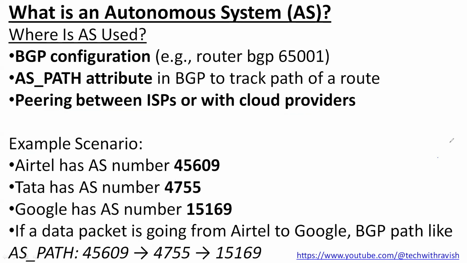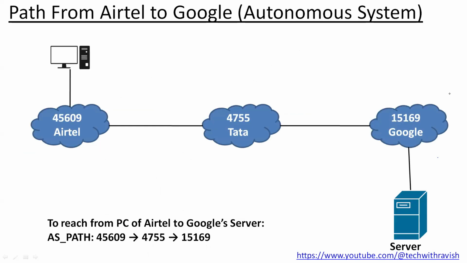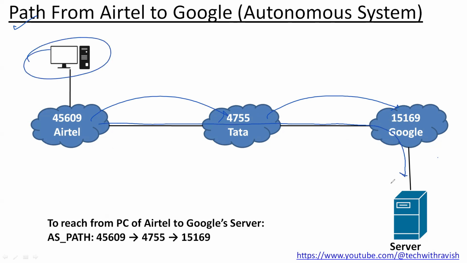Now let's move further. This is how the AS path is used to forward the data. As I told you, Airtel forwards the data to Tata, and Tata is peering with Google. So this will be the path on the basis of which my PC can communicate with a server located at Google.